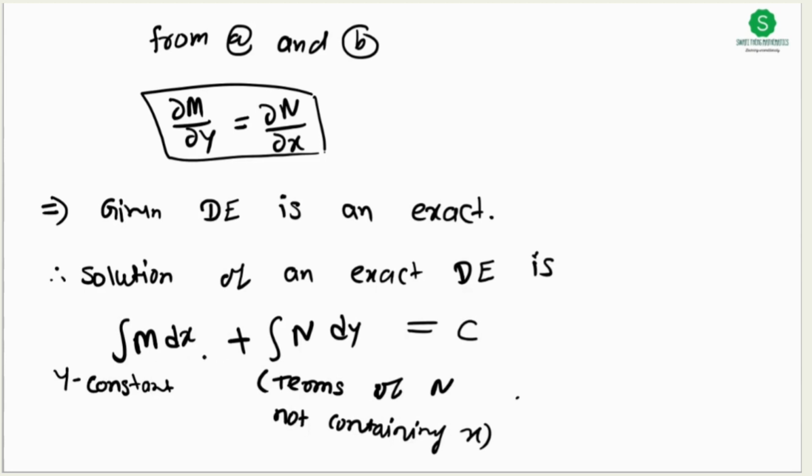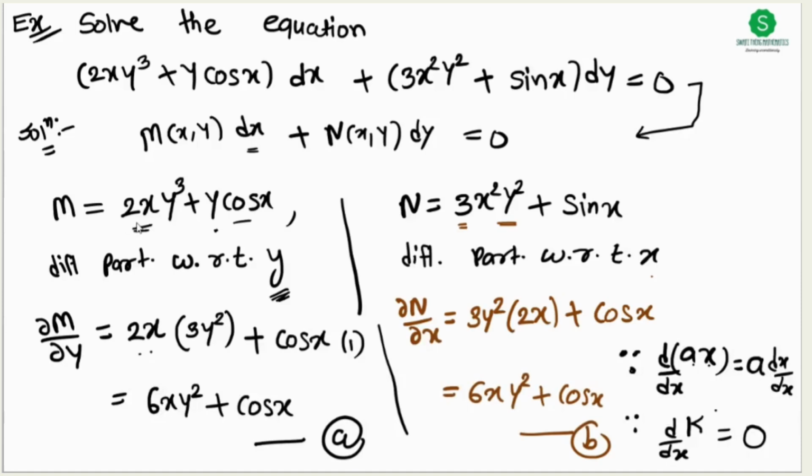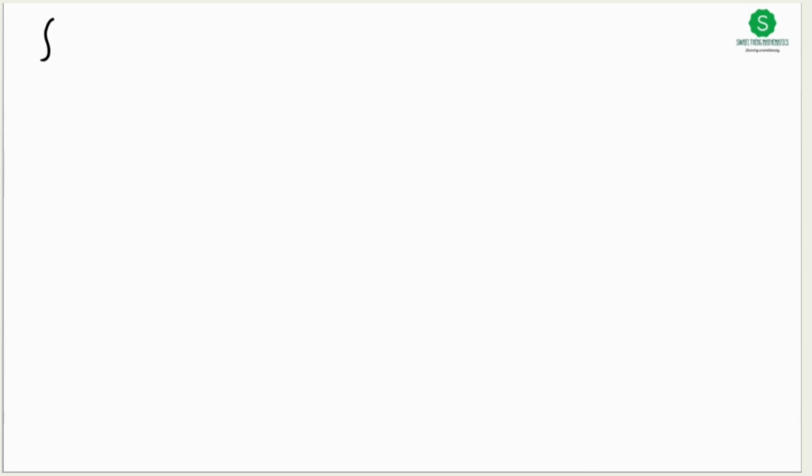So put the value of m and n. So here integration of m. From our equation m is 2x y cube plus y cos x. So here, integration of 2x y cube plus y cos x into dx.